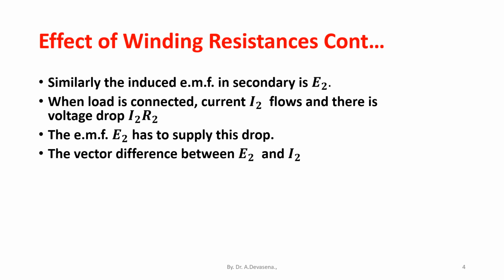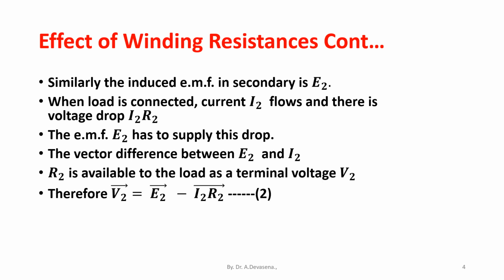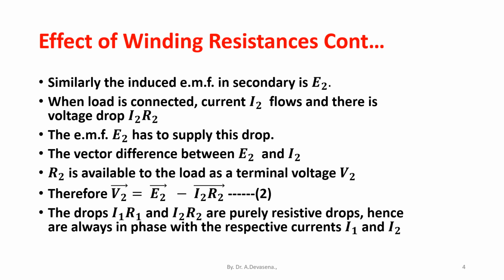That is, V2 vector is equal to E2 vector minus I2 R2 vector. Consider this as equation 2. The drops I1 R1 and I2 R2 are purely resistive drops, hence are always in phase with the respective currents I1 and I2.